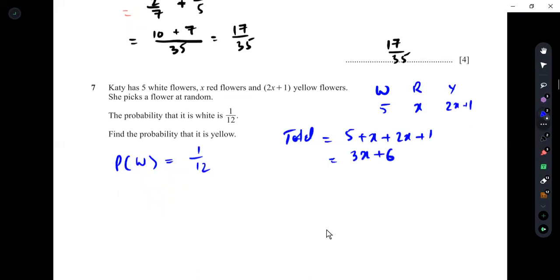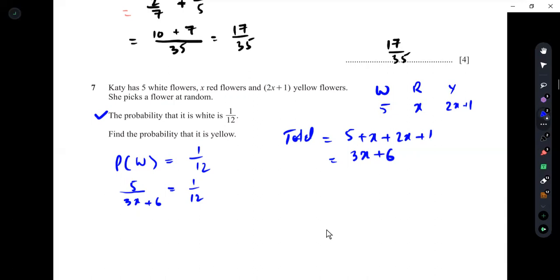So the probability of white will be the number of whites over the total number of flowers, and this must equal 1/12, as given. We are asked to find the probability that it is yellow. To find that, we need to know the value of x. So from this information we have formed an equation and we have to solve it to find the value of x. Once we know x, we will know the exact number of each color.